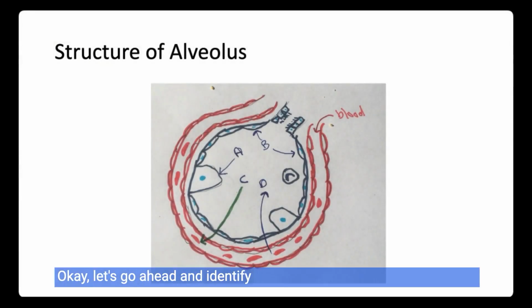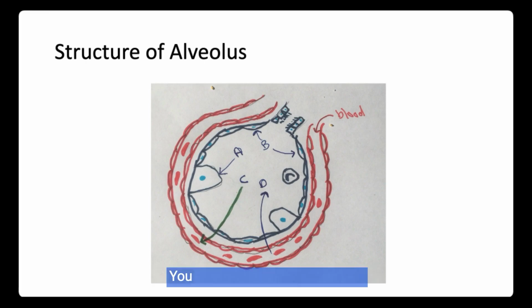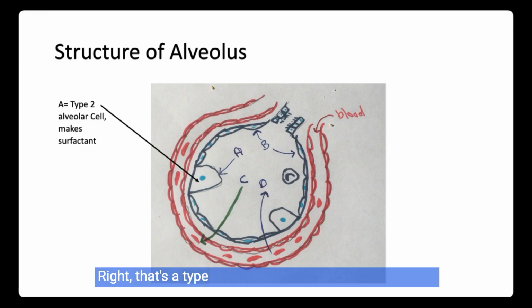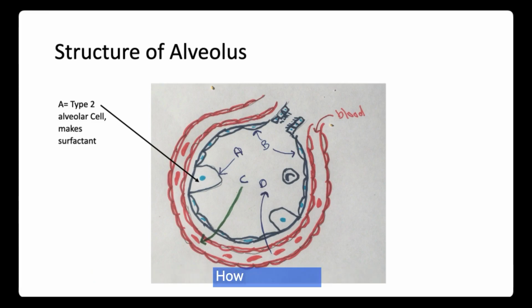Okay, let's go ahead and identify some of these parts on this drawing. You may see this drawing again. Let's go. What do we call this here? Right, that's a type 2 alveolar cell that makes surfactant. How about here?